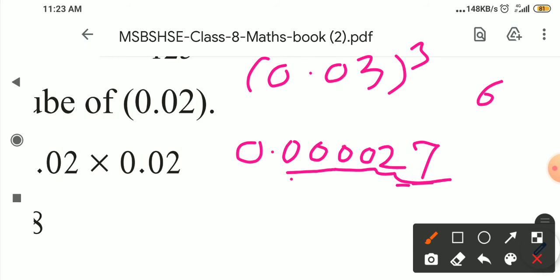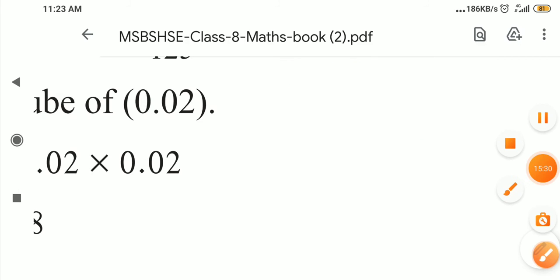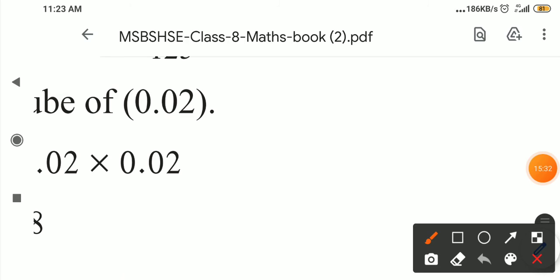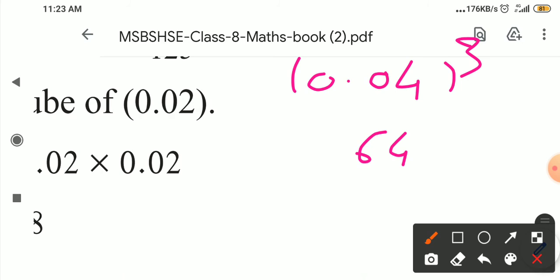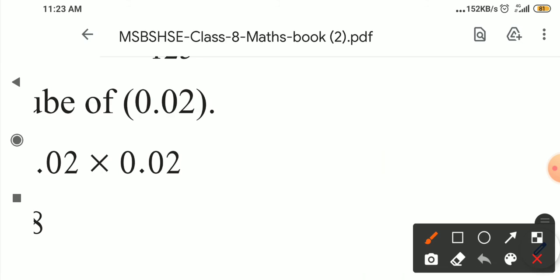Suppose here 4 is there. The cube of 4 is 4 4s are 16, 16 4s are 64. We are finding the cube of 0.04.